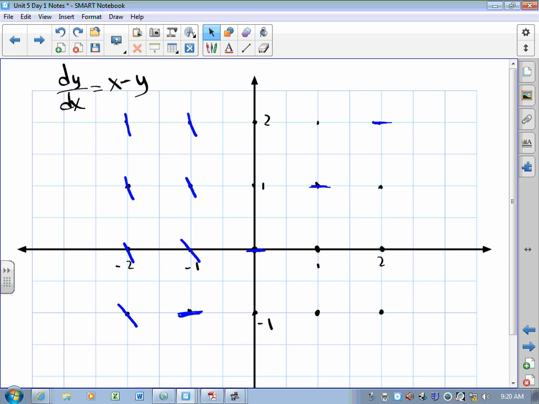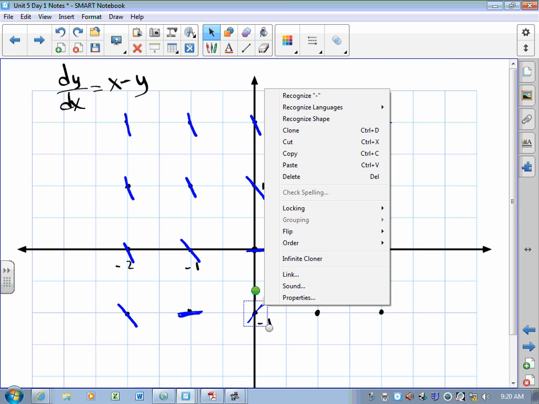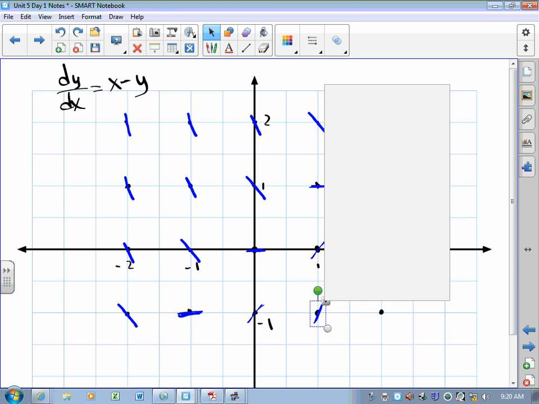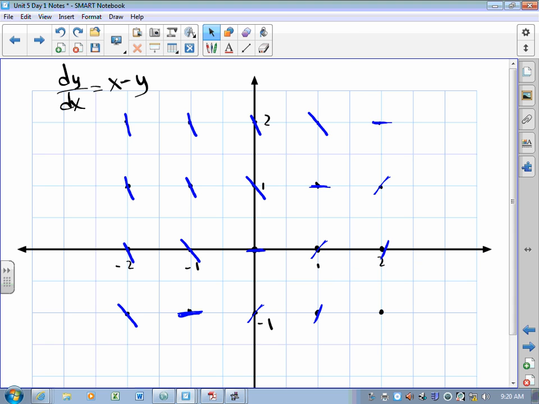And then 0 minus 2 is negative 2. 0 minus 1 is negative 1. 0 minus a negative 1, that's 1. And then it fills in exactly the way you imagined that it did. Almost there. And 2 minus negative 1 is 3, and that's a little bit more vertical.